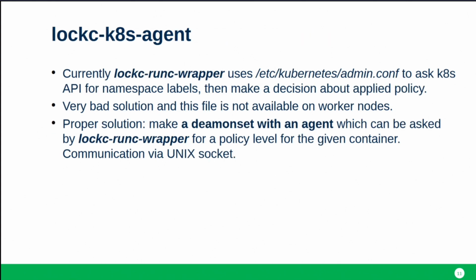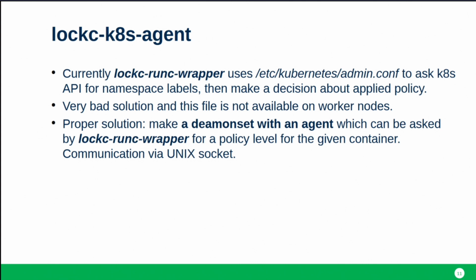The other feature which we'll work on in lockc will be the lockc Kubernetes agent. As you noticed, the demo was made on an all-in-one cluster, so there were no separate workers. And the reason is that currently lockc runs the wrapper, the component which wraps every run of a process, and it is communicating with Kubernetes to ask about namespace labels and to decide which policy to apply.